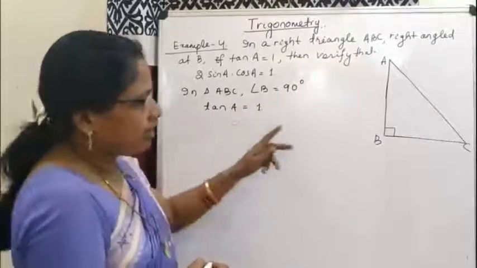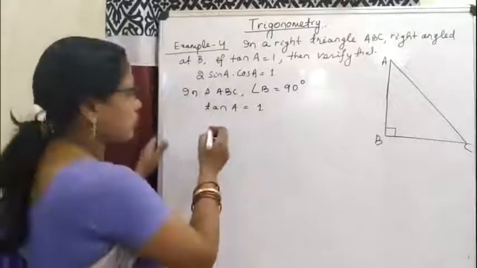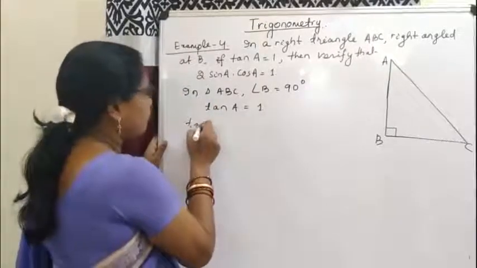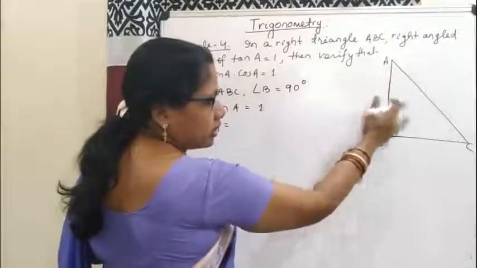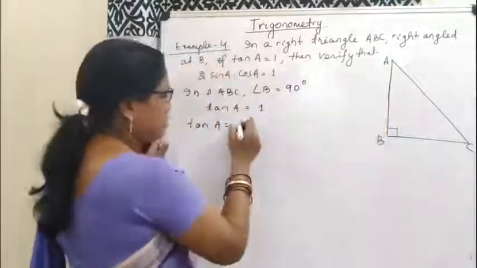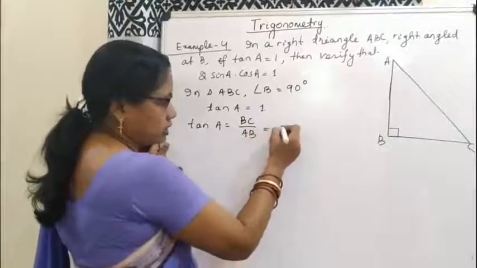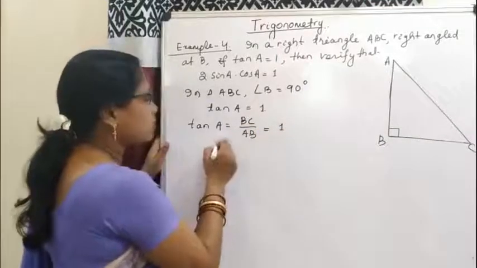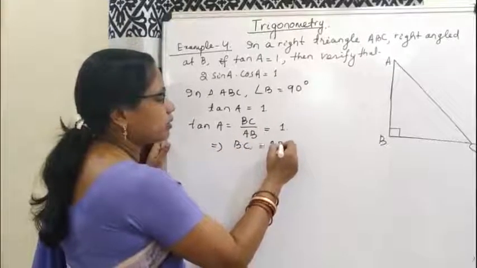So what is tan A? Tan A is equal to opposite side by adjacent side, so BC by AB. So this is equal to 1. So this implies BC is equal to AB.